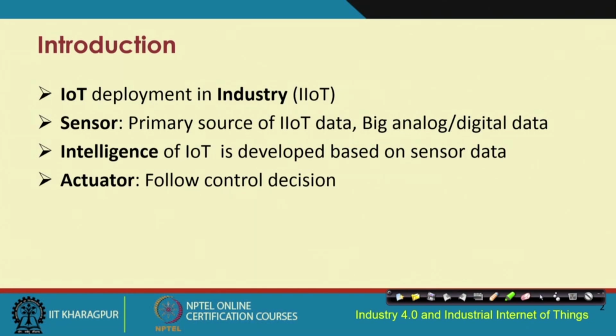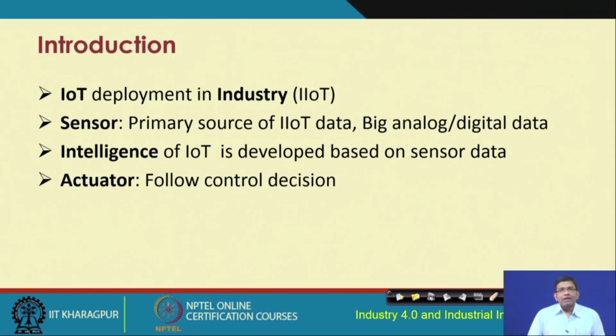Just as a recap, when we are talking about IIoT, we are talking about the same thing, IoT, but considering industry specific applications, and there are certain industry specific requirements that will have to be catered to. But for IIoT as well, like IoT, sensors and actuators are the core technologies.